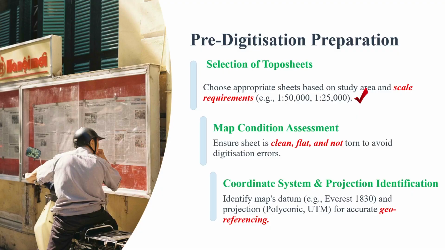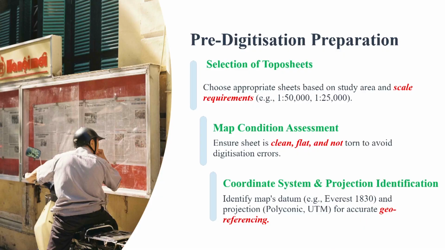First, selection of the topo sheet: whether it is medium scale or large scale is essential. In 1:50,000 and 1:25,000 topo sheets, we get much detailed information. First we scan, then the topo sheet is converted into digital form.